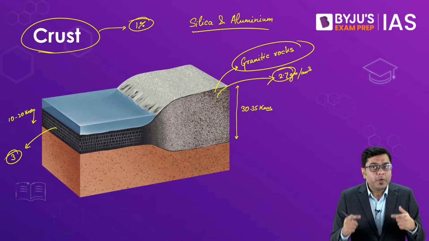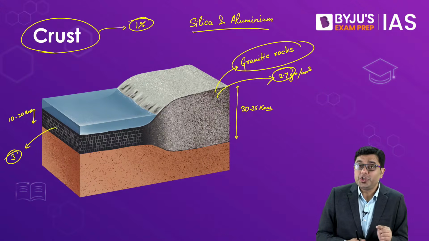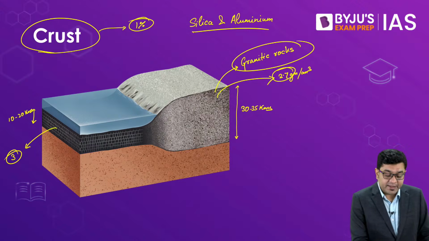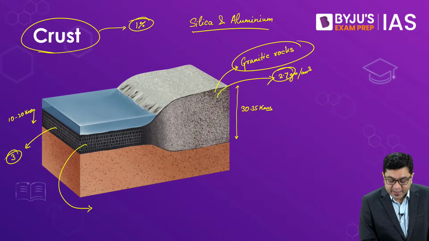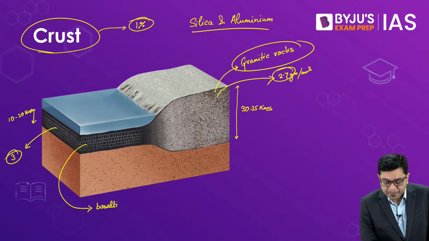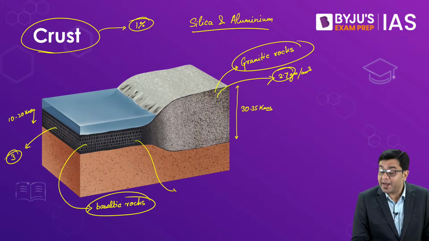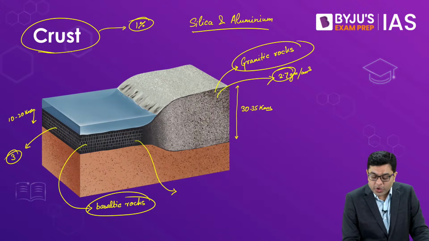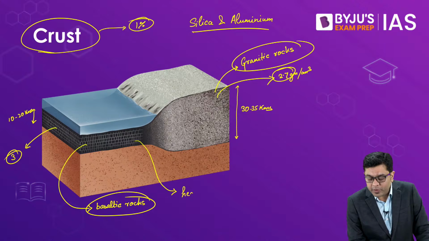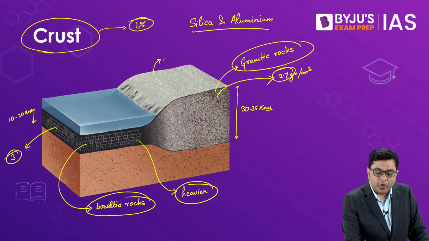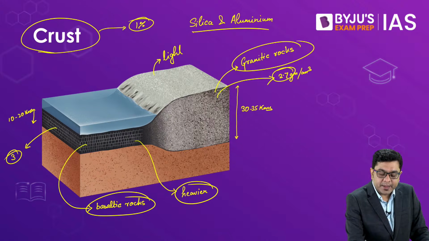Owing to this fact, the oceanic crust will always be heavier than the continental crust. The oceanic crust is composed of basaltic rocks, and that is why, owing to the higher density, it is always going to be heavier, whereas the continental crust is always going to be lighter.